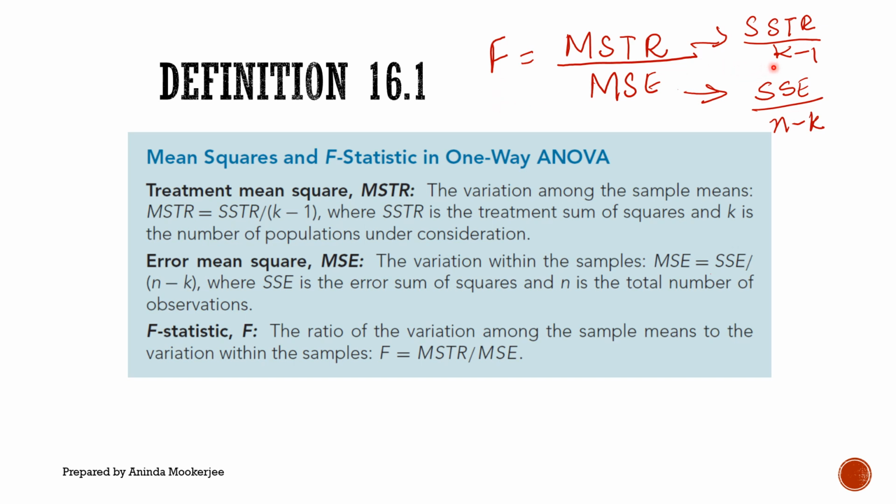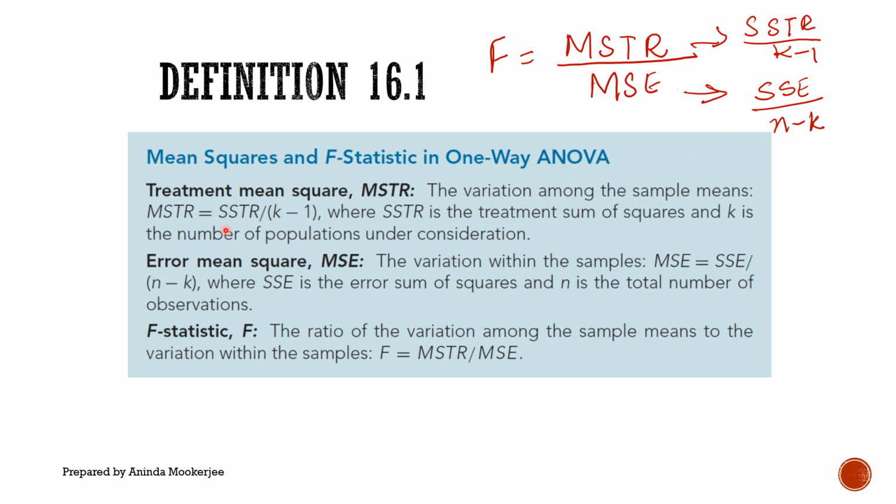In the next few slides, we will learn what SSTR is and how to calculate it through a table, then divide by K minus 1, and the same for SSE. SSTR stands for treatment sum of squares and SSE stands for error sum of squares. We will also talk about how to find K and N.